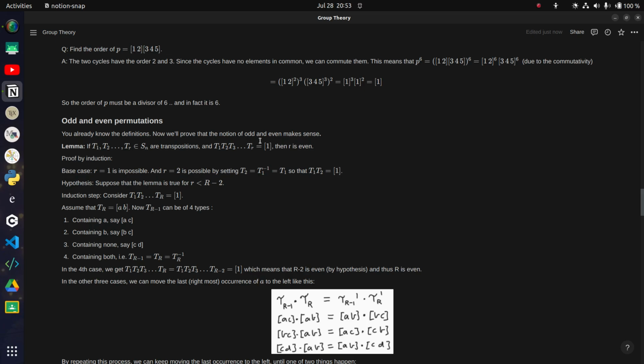So that just means this product of T1, T2 till T capital R is now T1, T2 till T R minus 2, and now it has R minus 2 transpositions, and that's the identity element as well, and we already proved it till R minus 2, I think, right?